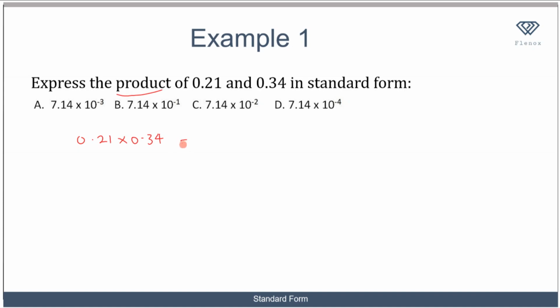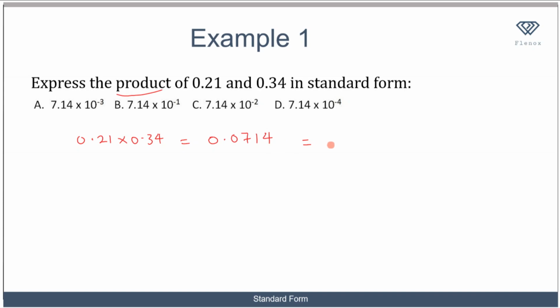So when you take your calculator and multiply these two numbers, what you will get is 0.0714. And once you have gotten 0.0714, the question is now, how do I write this in standard form? As we've been discussing, what is the goal?